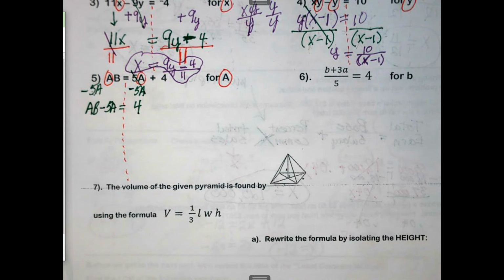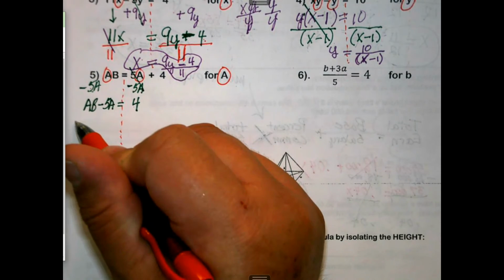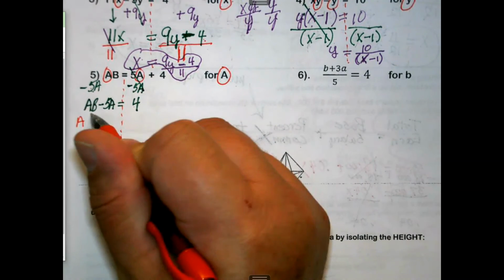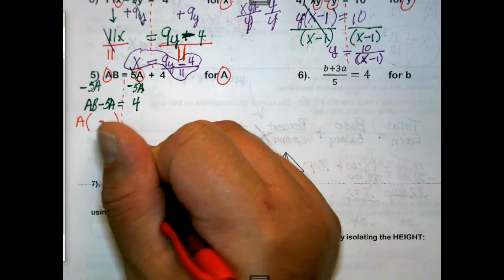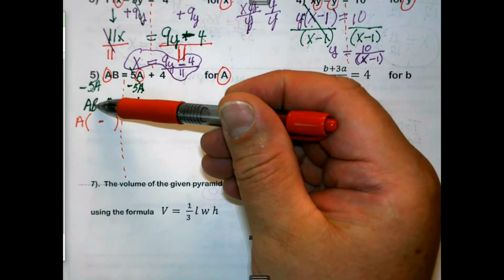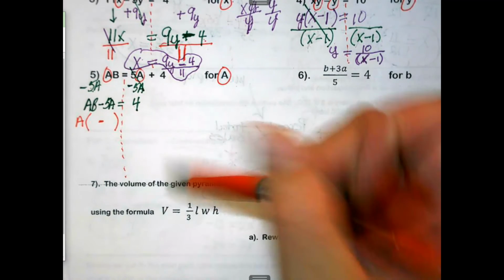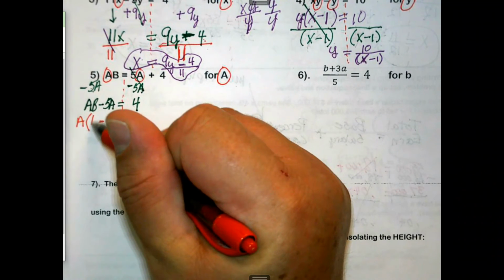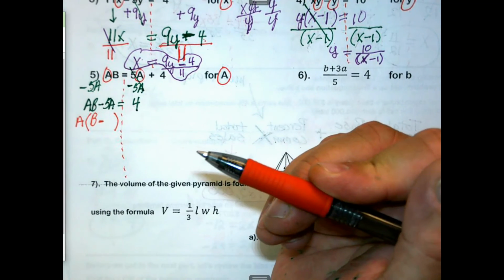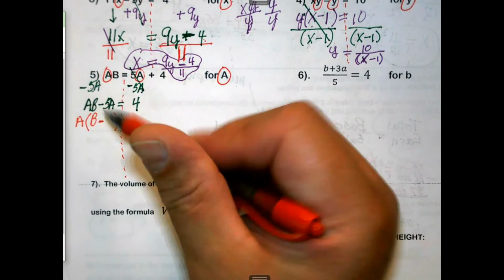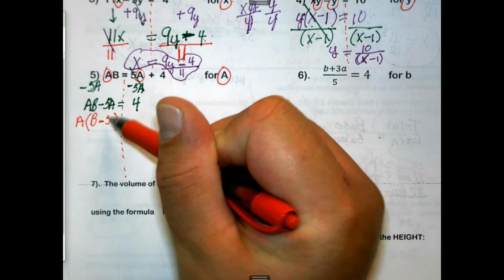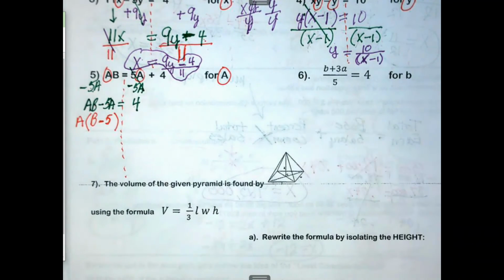So I can divide out a capital A. Good. So AB divided by A is just B. 5A divided by A, taking out that A, is just B minus 5.